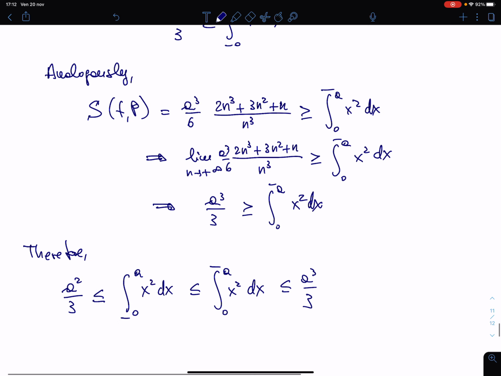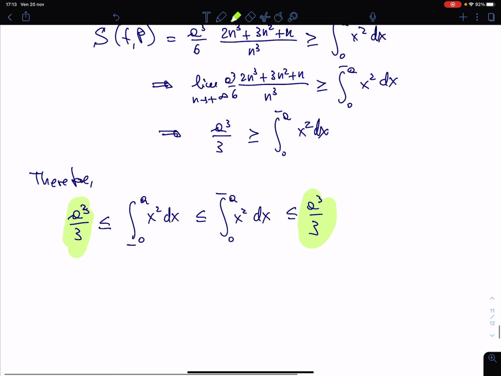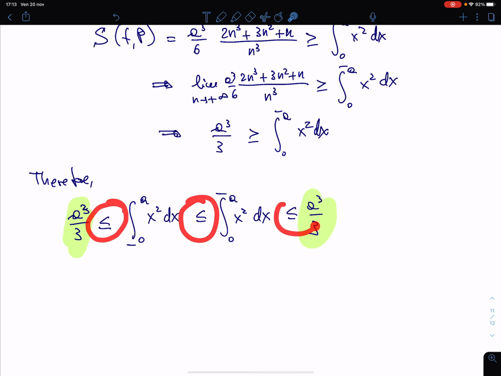So notice that here the first and the last are equal. So at the end, the only possibility for this chain of inequality to hold is that all less or equal are equal.